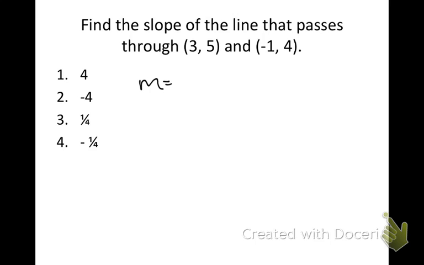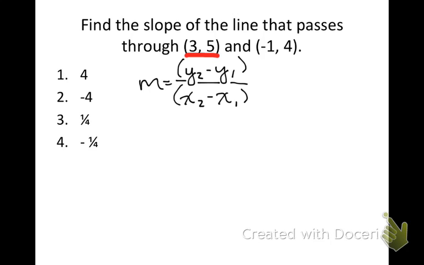M equals y2 minus y1 over x2 minus x1. I'm going to go ahead and pick one of the points to be my first point and one of them to be my second point. I'm just going to use the order that they come in, and I'm going to color code these.